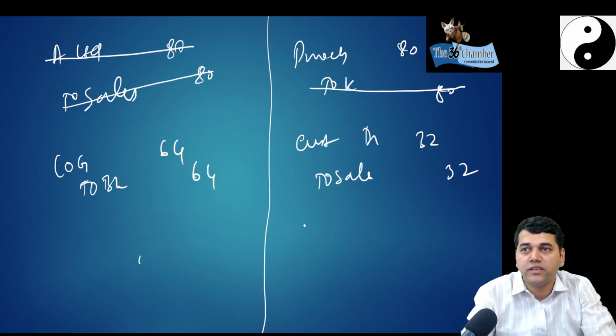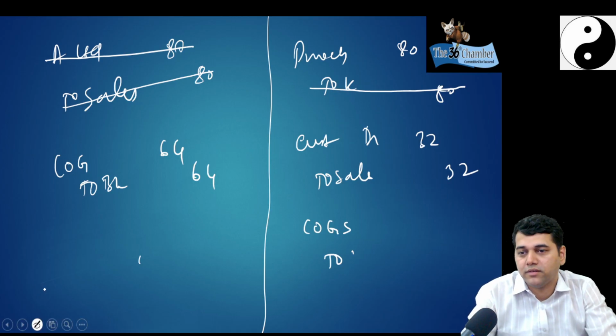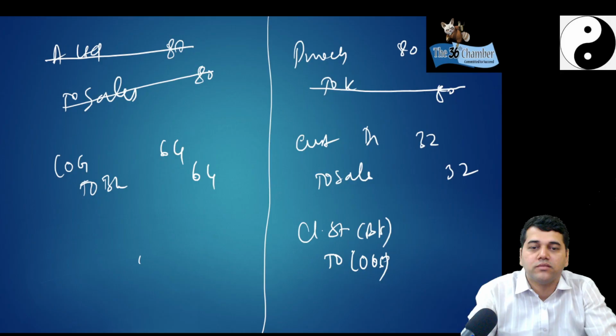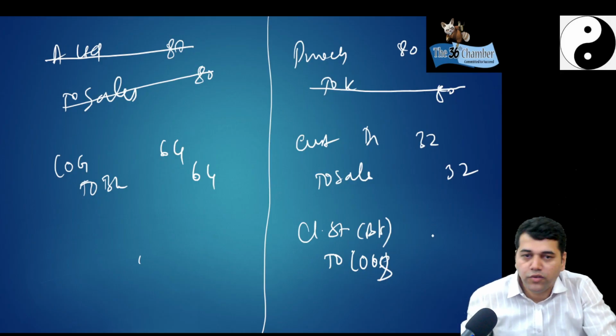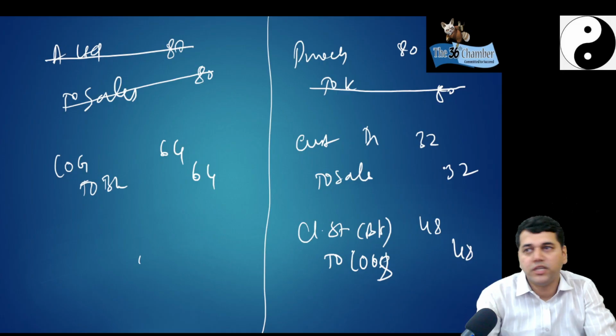The closing stock entry: closing stock account debit. This will go to the balance sheet at 48, because out of 80 you received, 32 you sold, and 48 remained with you.